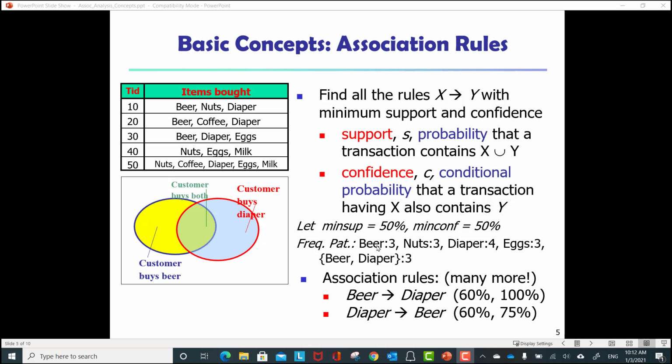We check all the one item sets, obviously, and then two item sets, three item sets, four items, and so on. So there is a complexity right there. This is a problem of huge complexity, as we will see in the next slide.